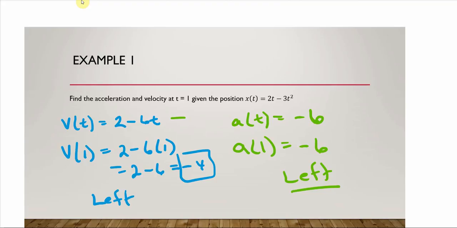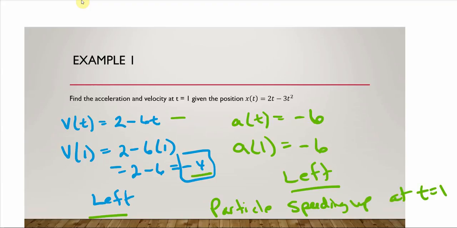Well, if the velocity is going left and the acceleration is going left, then you can honestly say that my particle is speeding up at t equals 1. And why am I saying that? Because velocity and acceleration at that particular time are both negative. Now, if one was positive and one was negative, then it would be slowing down.